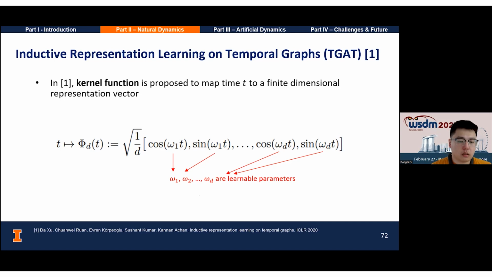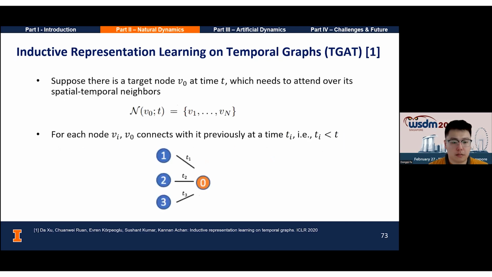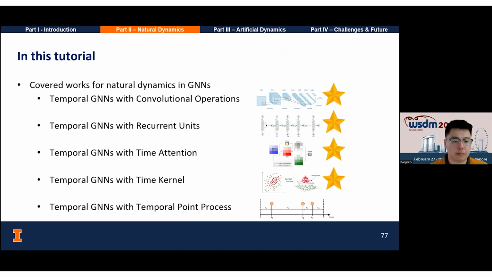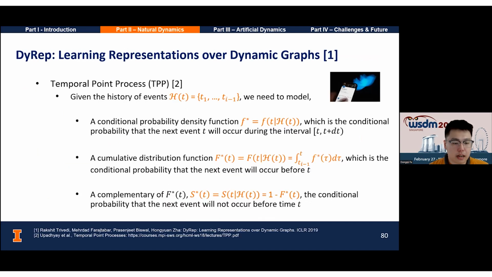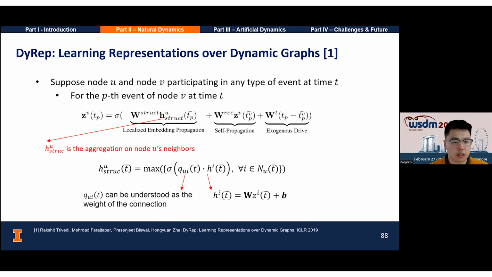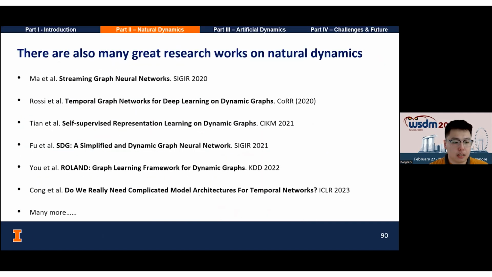And the third question you mentioned is, for large-scale temporal graphs, how do we learn effectively and efficiently at the same time? It varies, which means it depends on the architecture of the neural networks. For example, here is SDG, simplified and dynamic graph neural networks. This paper is based on the PageRank-based or random-walk-based scheme of graph neural networks.